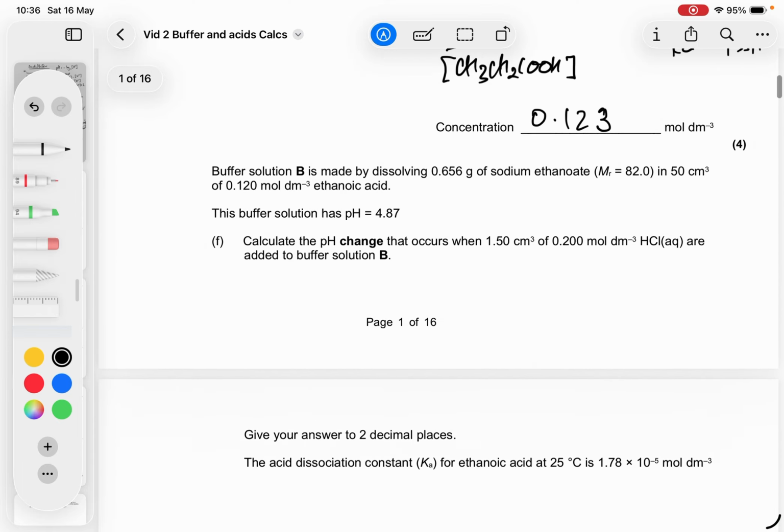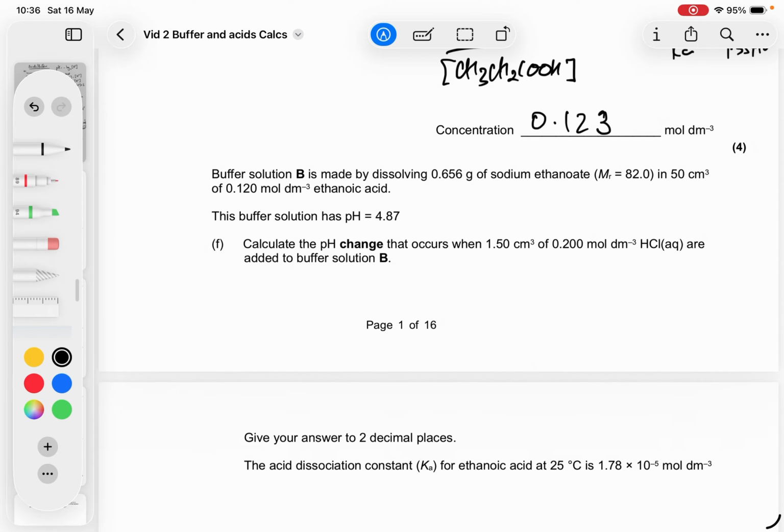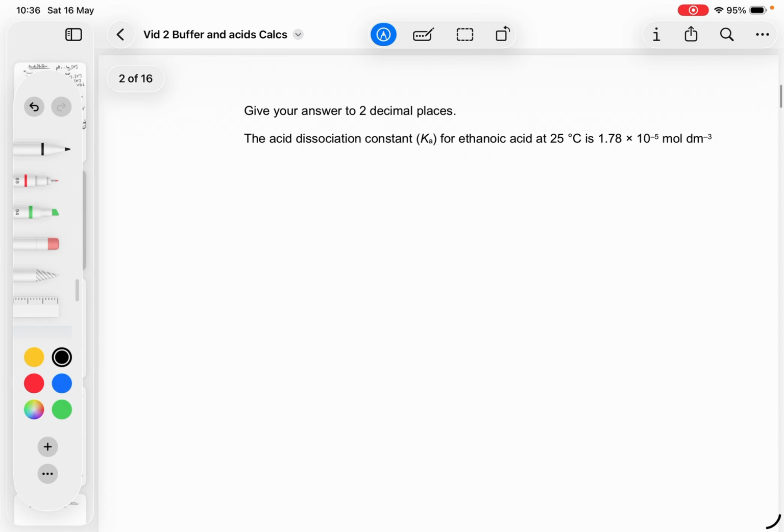Okay, now let's move on to the buffer, because the buffer is the one that often causes problems. Let's explain the buffer like this. A buffer is formed by a weak acid and its salt.